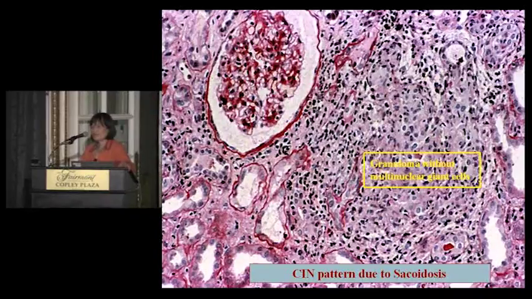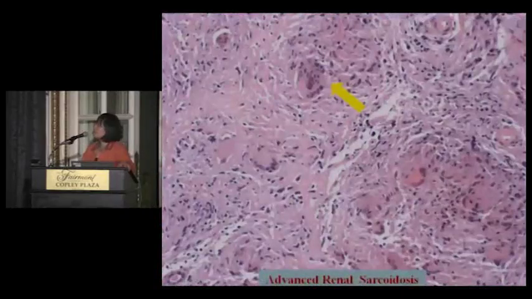Sarcoidosis. Here, again, you recognize multinuclear giant cells, with much less interstitial infiltrate and much more severe interstitial fibrosis. So this one is still sarcoidosis, but at a much more advanced stage.